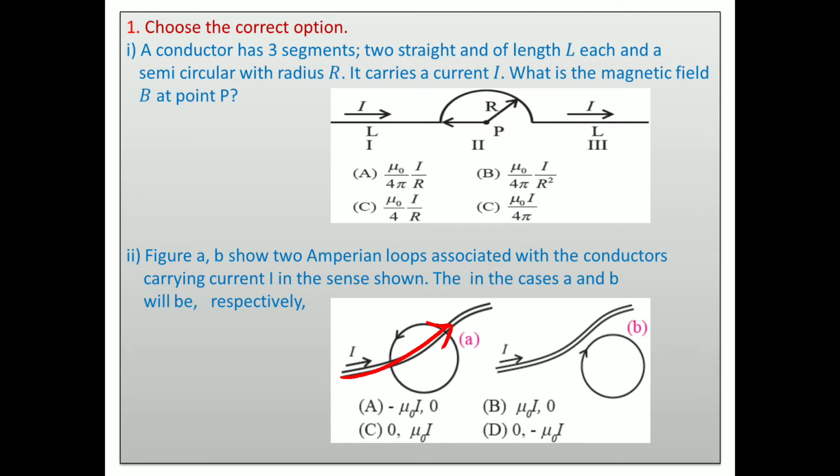So we take a minus sign, means current is negative. So minus mu naught I.